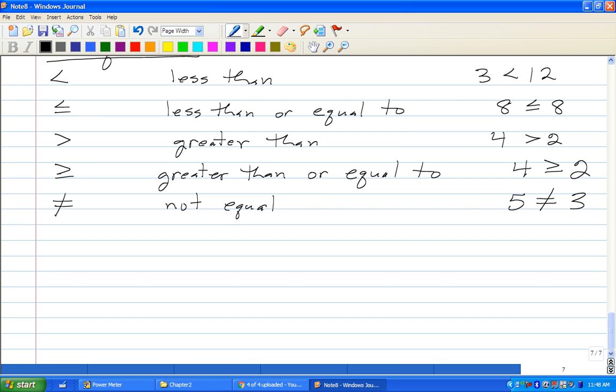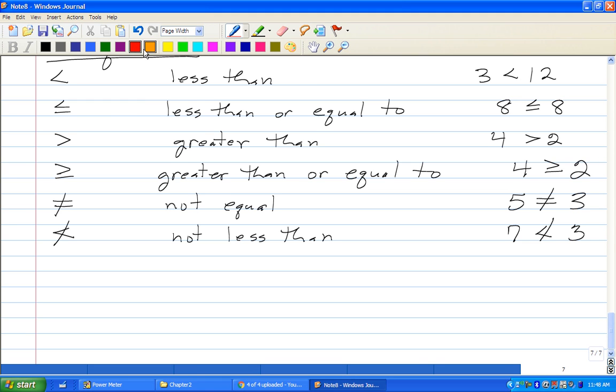Whenever you put this dash, this little slash line, it means not. So this symbol here is not less than. So 7 is not less than 3.